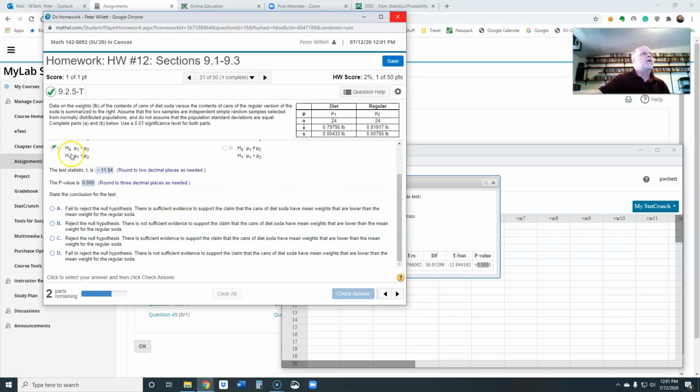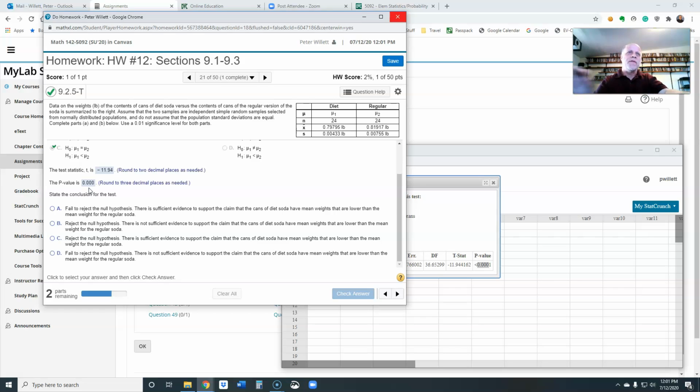So what happened? Our null hypothesis was that they're the same, and our alternative hypothesis is that the diet has lighter contents or a lower weight than the regular soda. So this t-statistic gave a p-value of very, very little. The theme to remember here for hypothesis testing is if the p is low, the null must go.